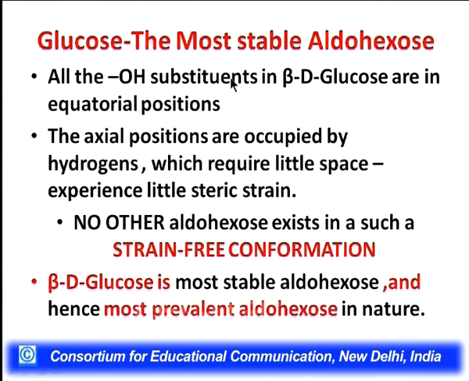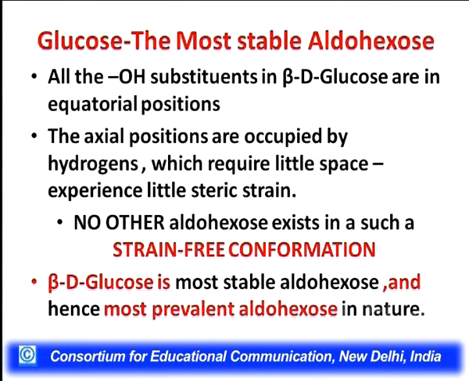The axial positions, as I have said, are occupied by hydrogens, which occupy very little space, and hence experience very little steric strain. And what we find is that no other aldohexose exists in such a strain-free conformation.